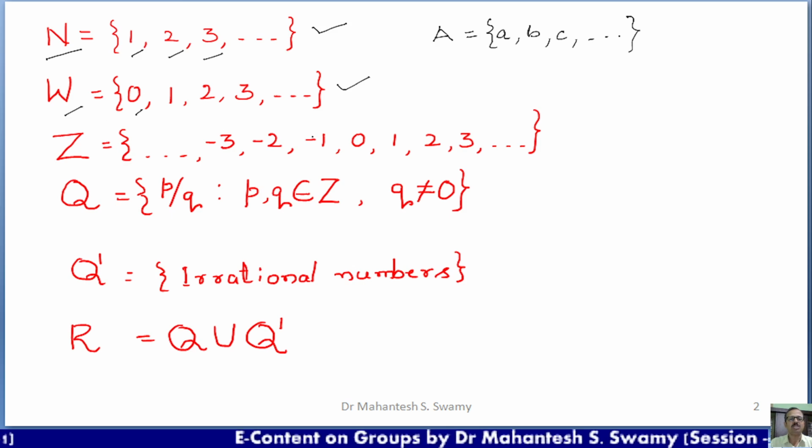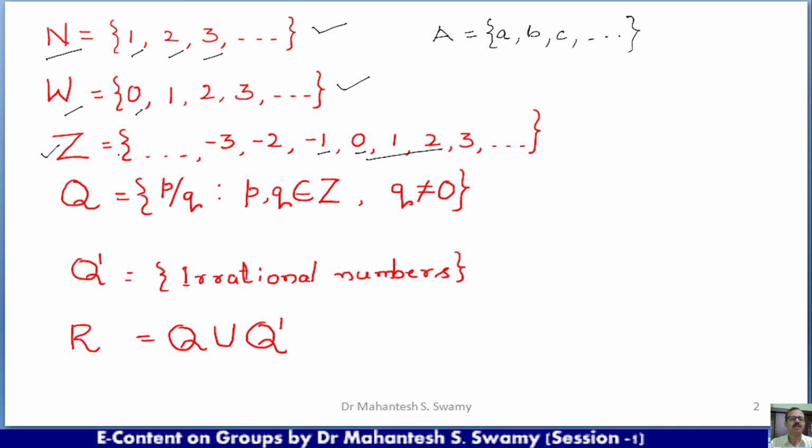If you add 0 to the set of naturals, we get the set of whole numbers. And when we consider the negative parts, that is -1, -2, -3 and so on up to minus infinity, that forms the set of integers. The numbers of the form p by q, that is the numbers which are like fractions, are comparatively larger than the set of integers.